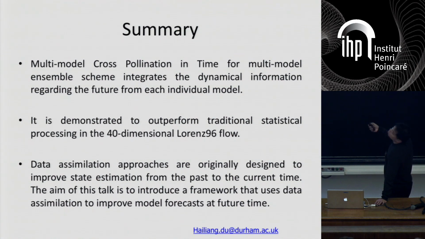The other thing is I'm not saying we have to use any specific data assimilation scheme. You can use any of them. This is a tool to provide the opportunity to let the models communicate with each other.